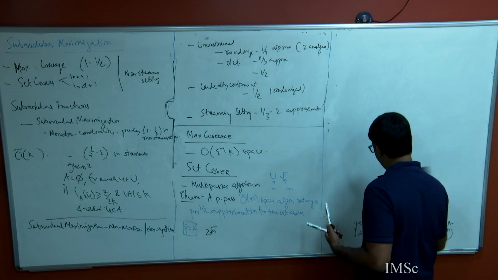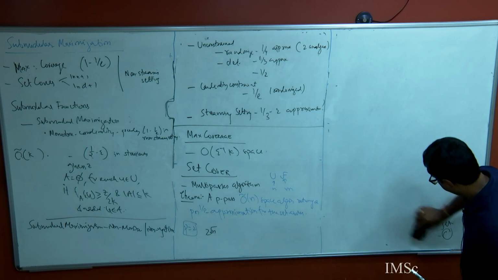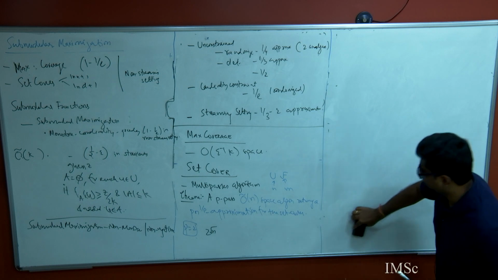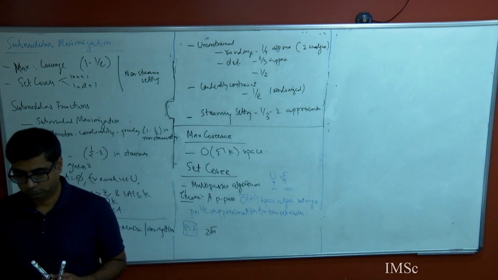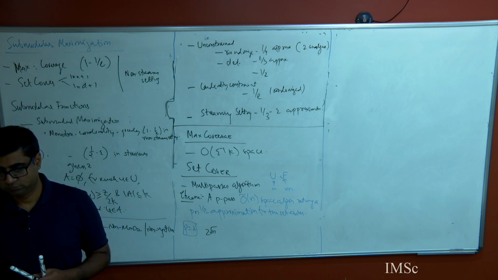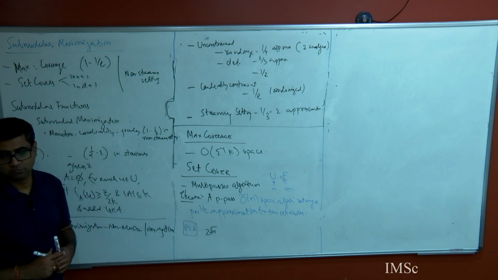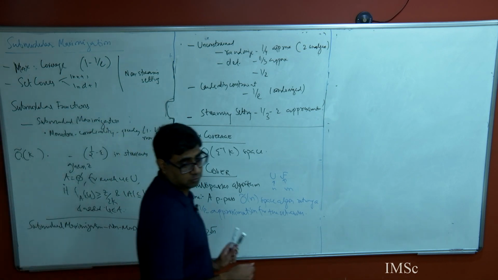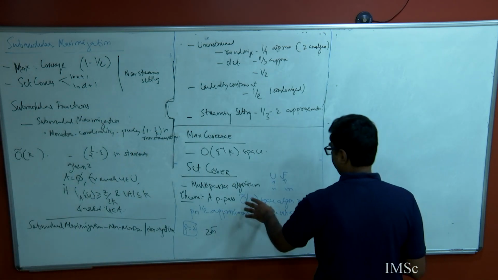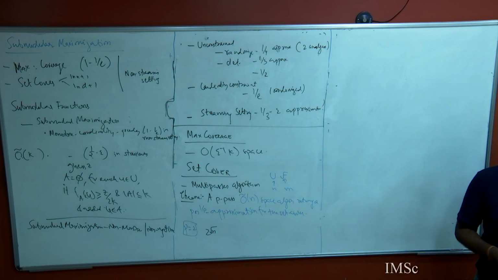So let's try to do it for 2. How much space do I have? O tilde n space. So I can certainly have a bit vector which tells us whether a particular element is covered or not covered.